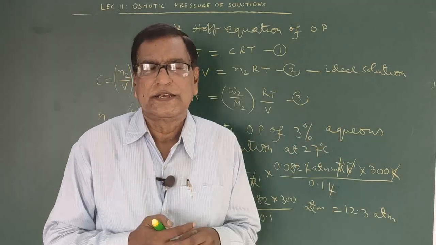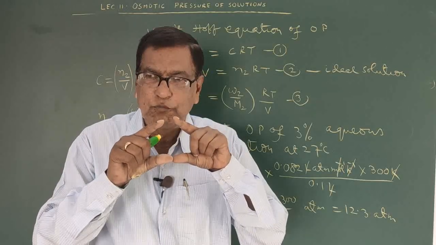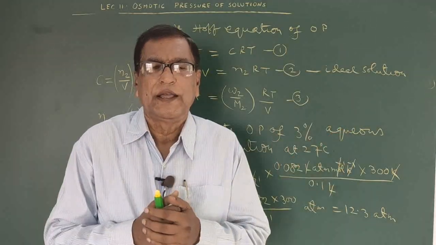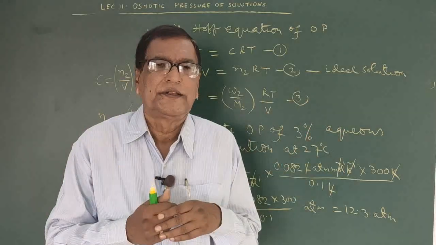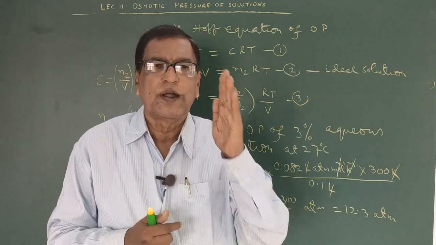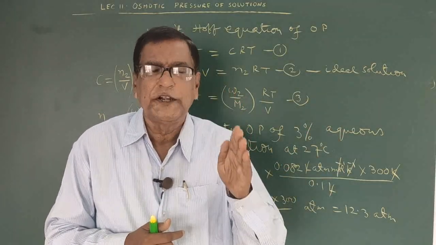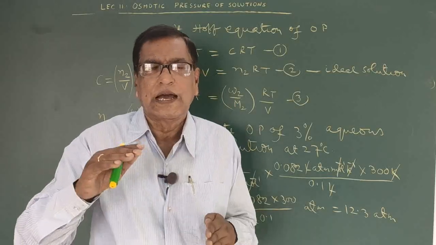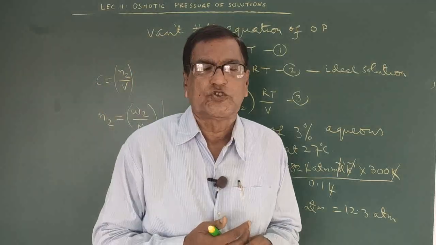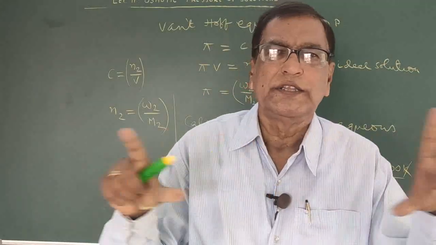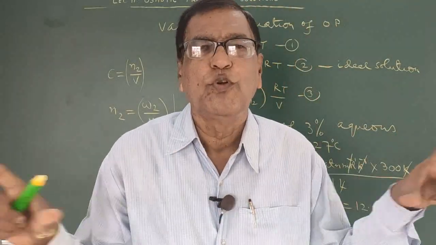And next, the four colligative properties are connected, so that if you know one colligative property of a solution, then the other colligative properties of the solution could be calculated by these interrelated formulas.